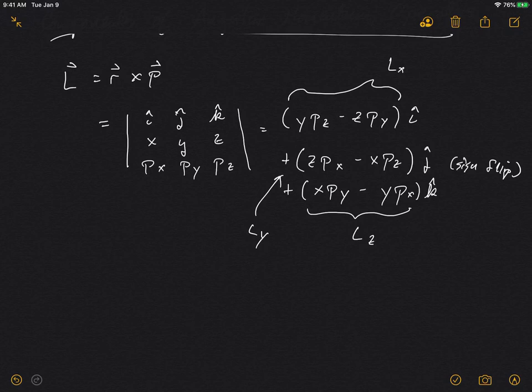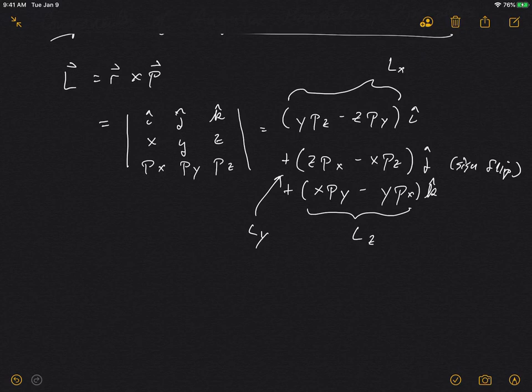That's a nice check to make sure that we set this up properly. It jibes with our recollection of how angular momentum works, the directionality of it.